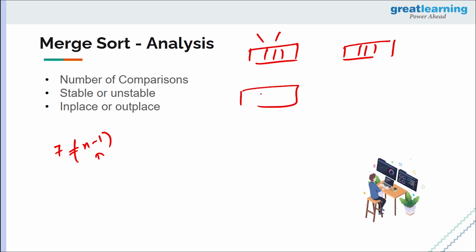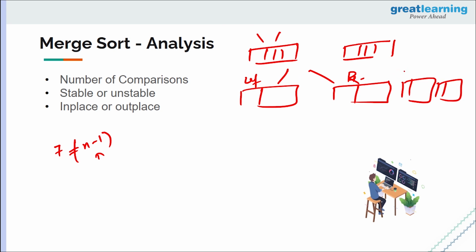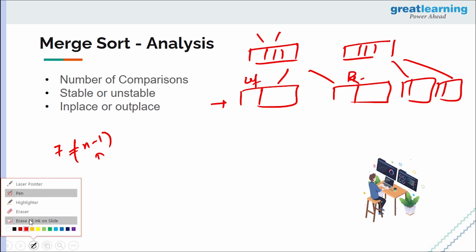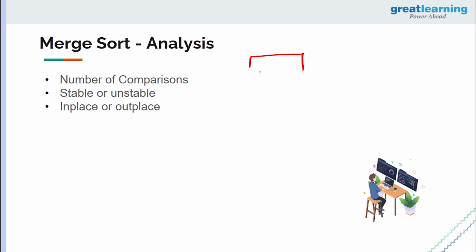We would have something like this, 2 comparisons, these 2 sub arrays. This is the left and the right, and then this would have been merged into this, and there would have been another 2 sub arrays that would have been merged to this, right? So how many comparisons would be required to get this merged array? So now let's look at that. Let me erase everything. Now let's talk about these 2 partitions first, right?